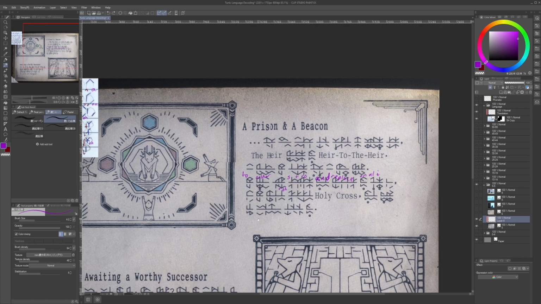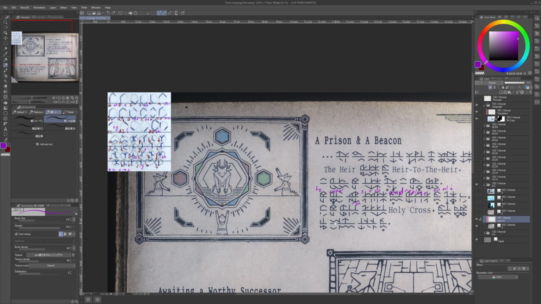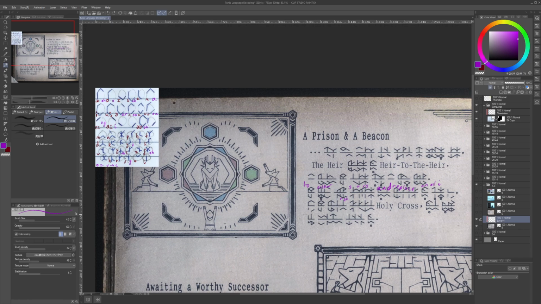So we got or, to. Is that another new consonant? No. Old.